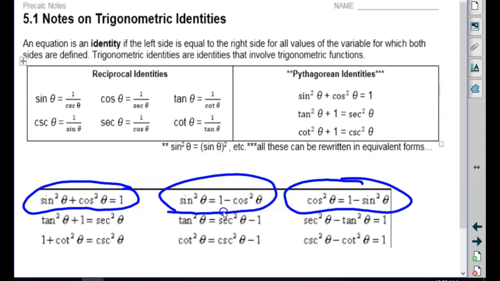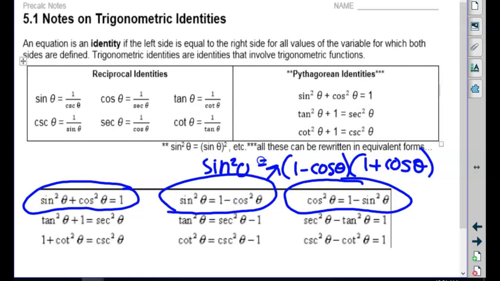Guess what else you could do to those? 1 minus cosine squared, is that the difference of two squares? So it could factor into 1 minus cosine times 1 plus cosine. Everybody see that? That would be 1 minus cosine squared if you foiled it back together. So this would equal sine squared, etc.